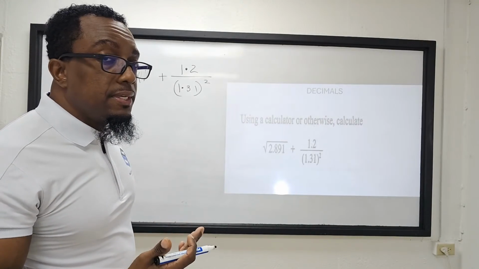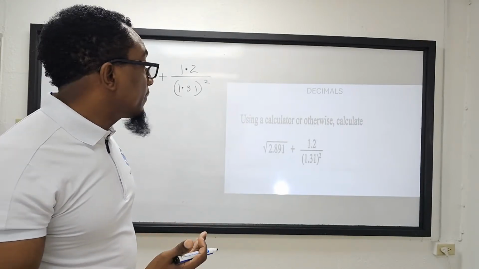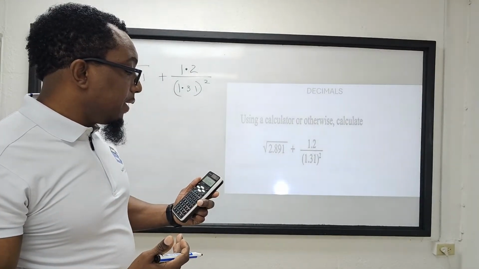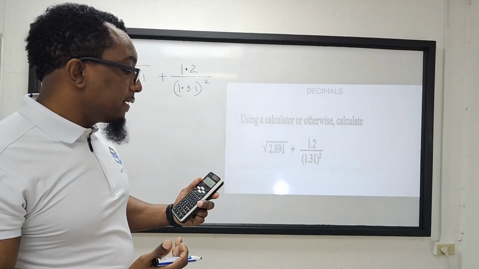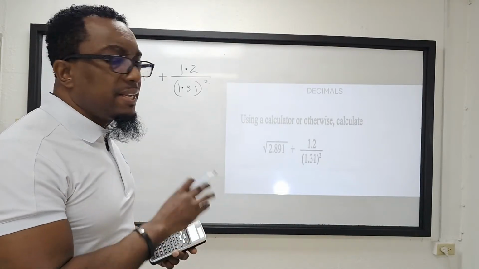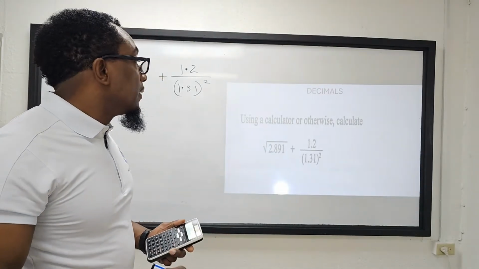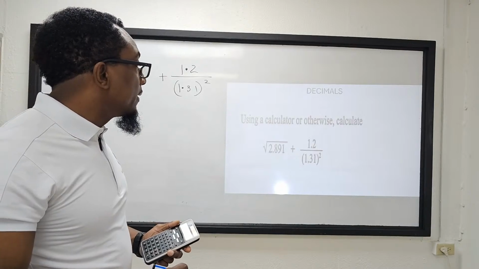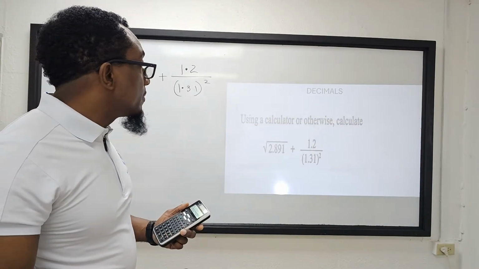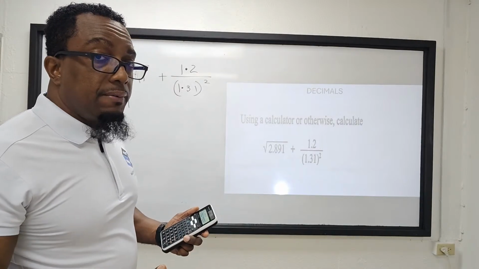If it's not stated, you can still represent it to 3 significant figures. So the square root of 2.891 will be 1.700294092. Instead of writing all those numbers, we can simply approximate to 3 significant figures.